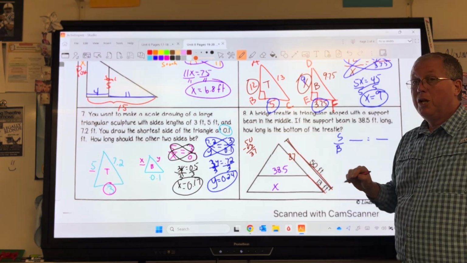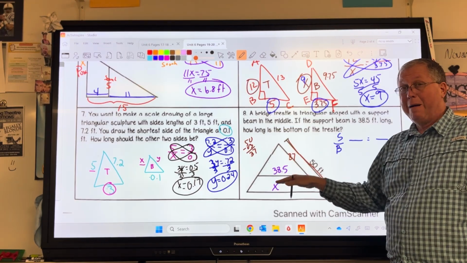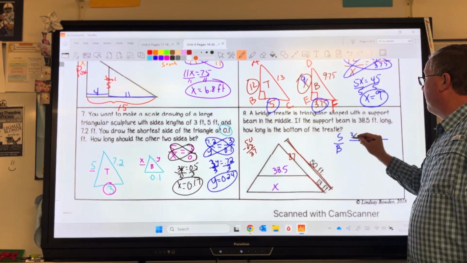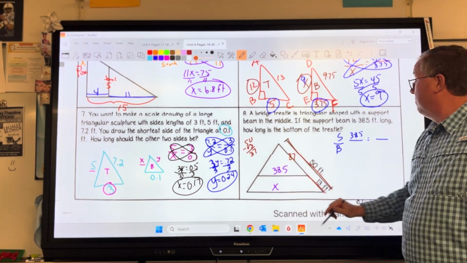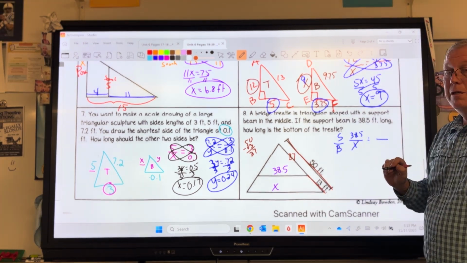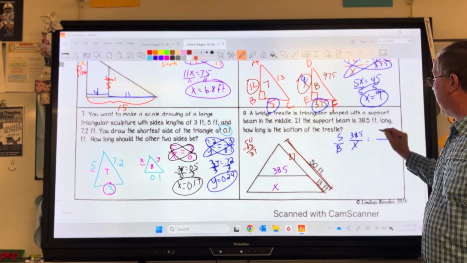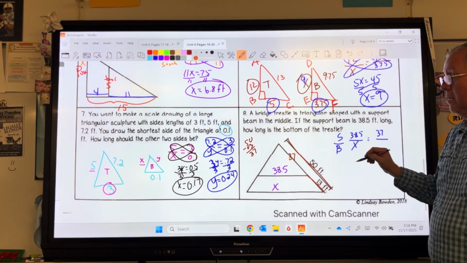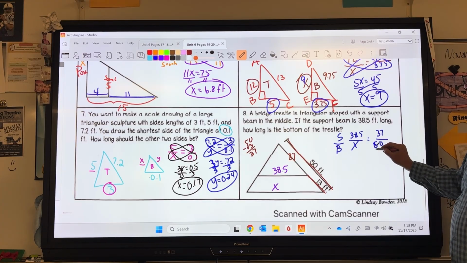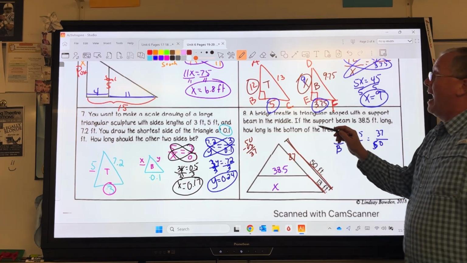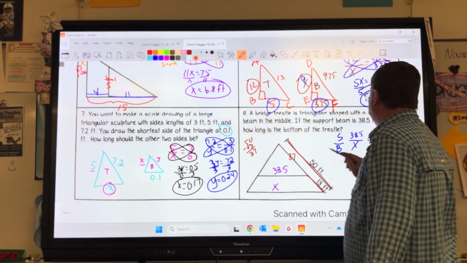Here's my ratio. Small triangle, bottom, 38.5. Big triangle, bottom, x. Small triangle, side, 37. Big triangle, side, 50. And I'm going to cross multiply.